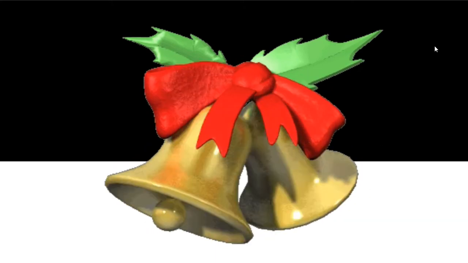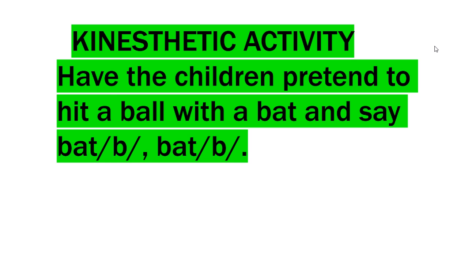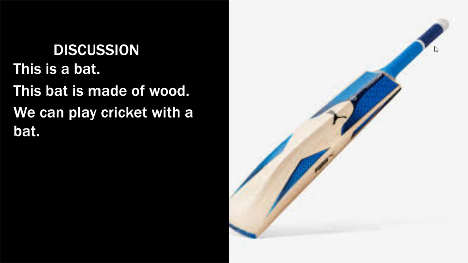Catch the ball. Very good. Bieber bell. And you were about to do the kinesthetic activity of hitting the ball with the bat and say Bieber bat, Bieber ball. Look here how he is hitting the ball with the bat.